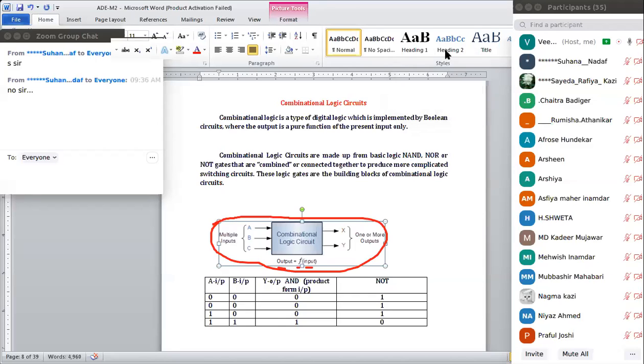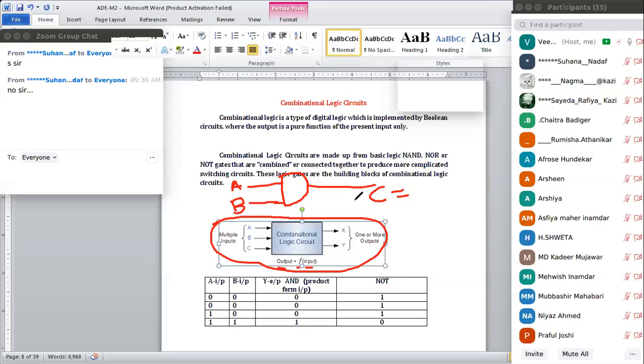Say, for an example, an AND gate. What is the function of an AND gate? There are multiple inputs and a single output. The function of this AND gate is a dot, a product term of the inputs.